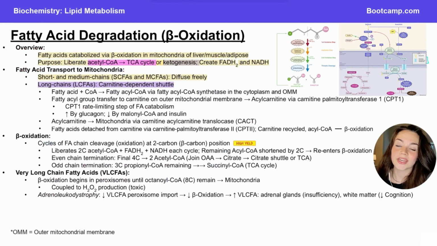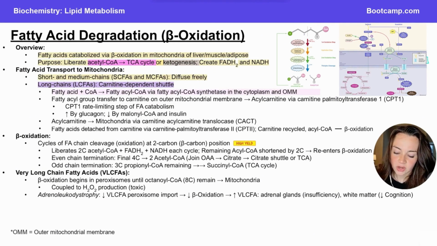So let's go back to our outline and rehash how those long-chain fatty acids make it into the mitochondrial matrix. First, that fatty acid is going to be conjugated to a CoA group, forming a fatty acyl CoA. That was via the enzyme fatty acyl CoA synthetase in the outer mitochondrial membrane in the cytoplasm. The next step was to unite that fatty acid group with its carnitine chaperone.